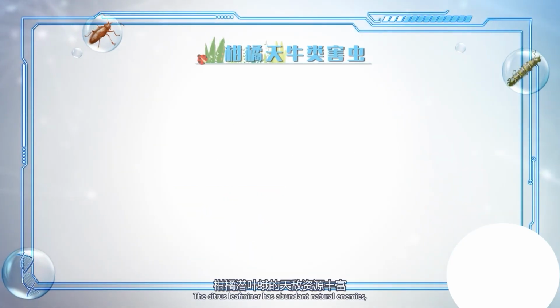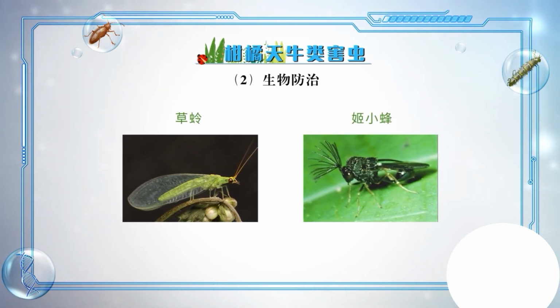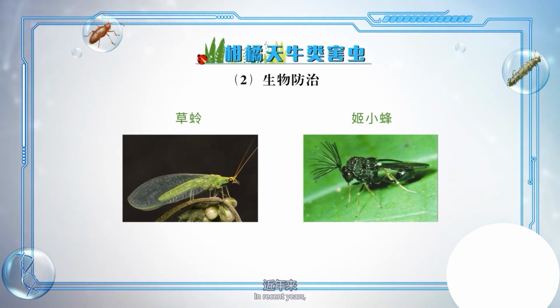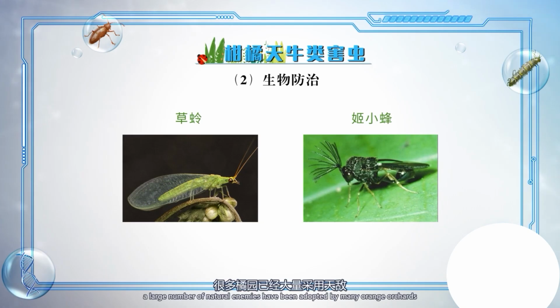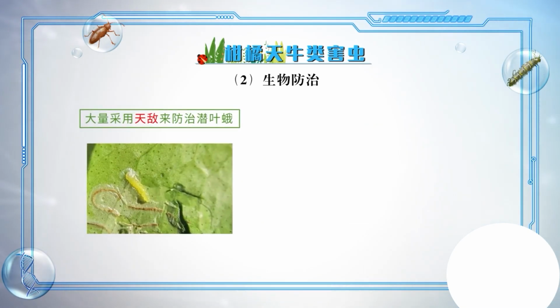The citrus leaf miner has abundant natural enemies, such as green lacewings and Eulophidae, which can be released during the germination period of citrus shoots. In recent years, a large number of natural enemies have been adopted by many orange orchards to control citrus leaf miners, achieving good results.